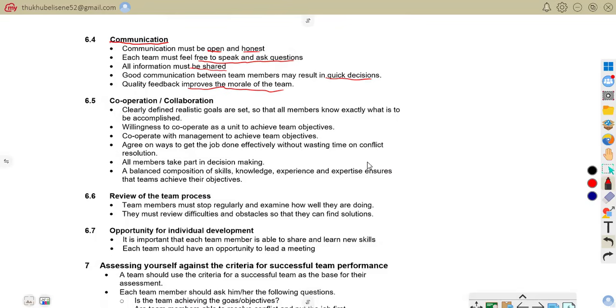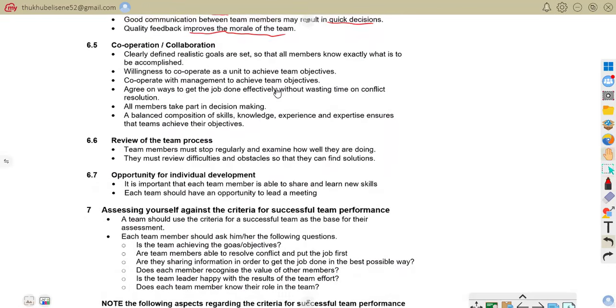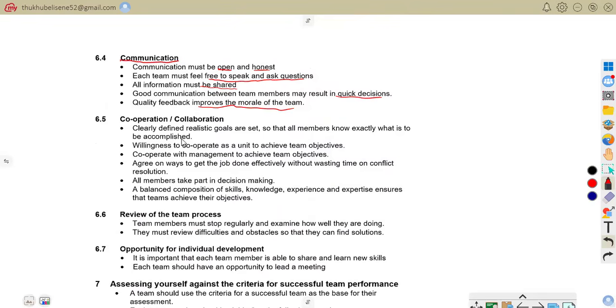So now let us move on to cooperation and collaboration. So now we're coming to cooperation or collaboration.